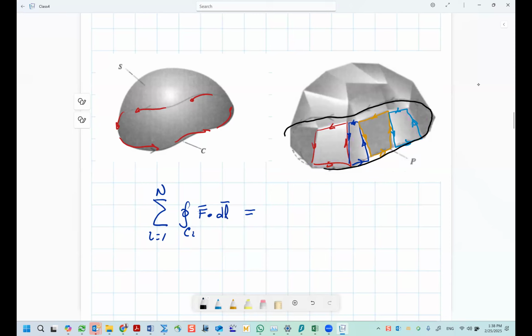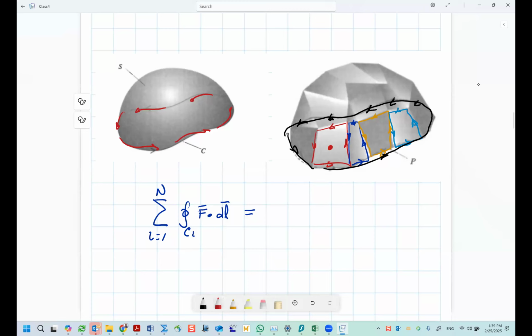Except the thing that is describing the bottom part, right? Let me put it this way, all internal things reduce, because when you are integrating this red contour, you add this amount of rotation if you wish.